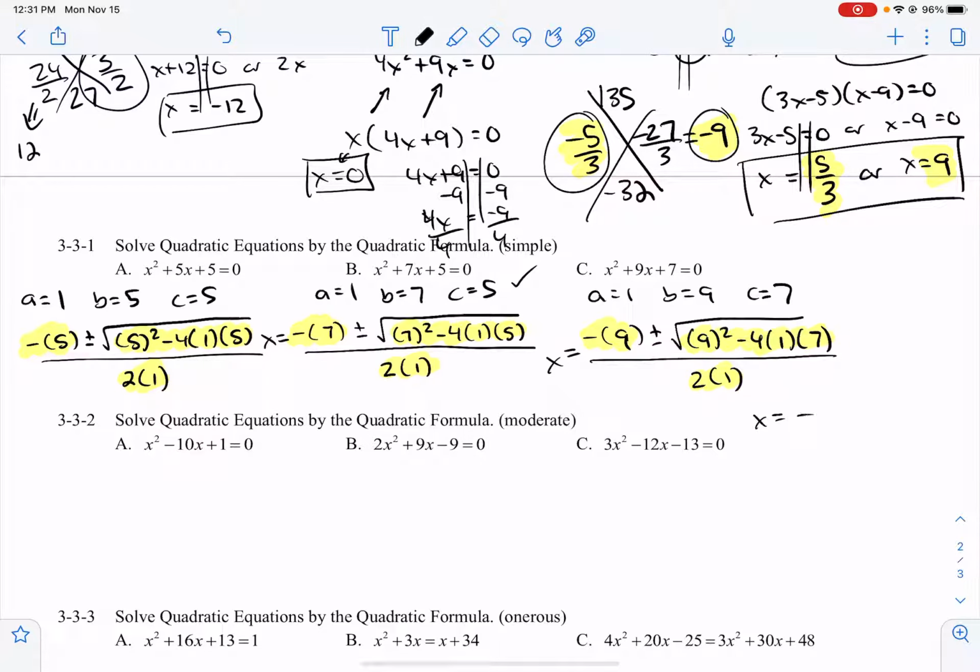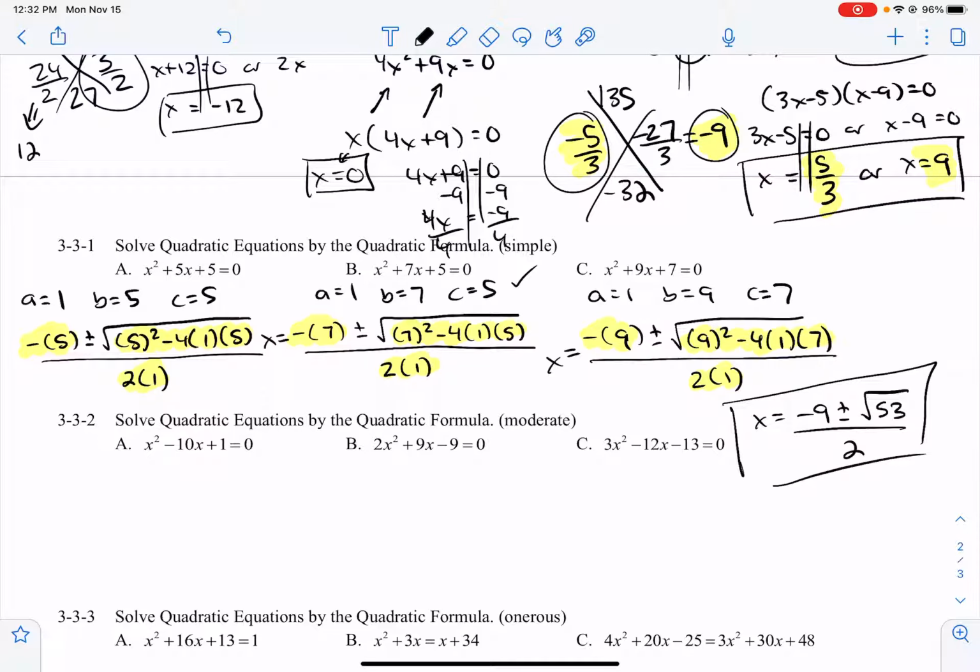X equals negative 9 plus or minus square root. When I plug that in, what is that? 81 minus 28, so 53, divided by 2. Square root of 53 is not going to clean up. 2 doesn't divide anything, so again, that would be my final answer.